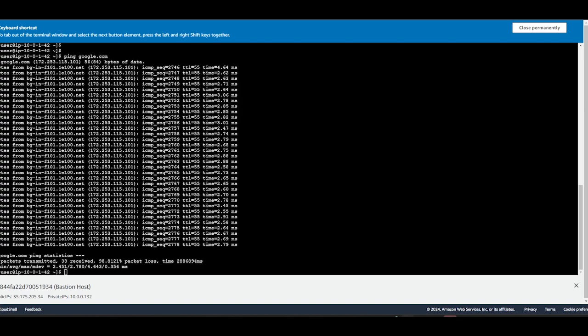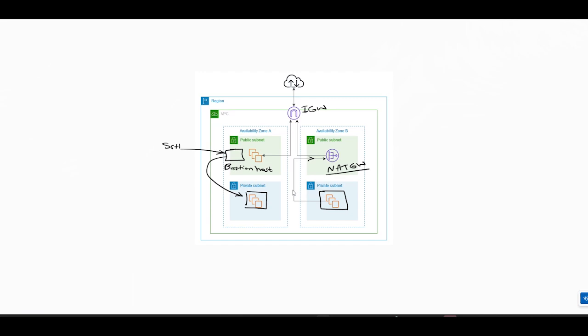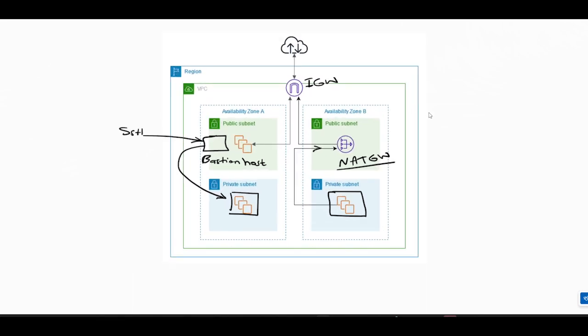Alright, so we could manage this topology. Now our instance, which is in a private subnet, has internet access through a NAT gateway, which is in a public subnet. Alright, thank you.